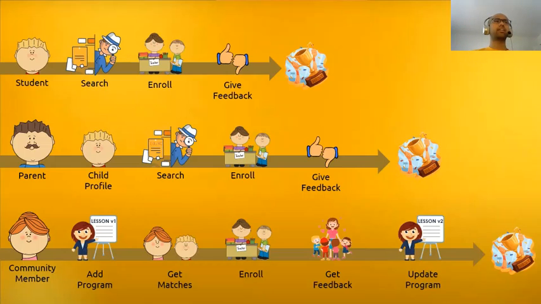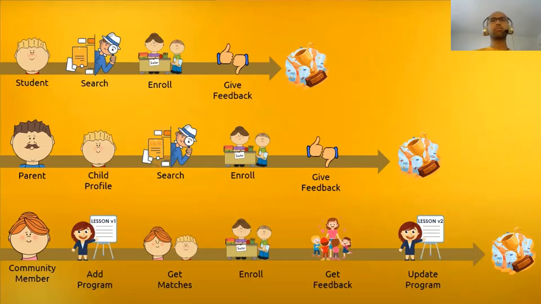And then parents can add a number of children, and each of the children will get a profile, and for each profile they can do the same thing: search and enroll and give feedback, and then see the skills of their children grow.